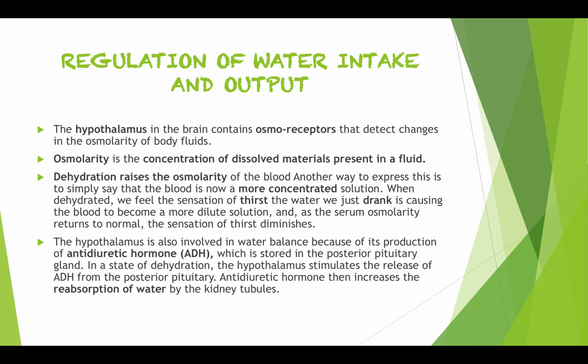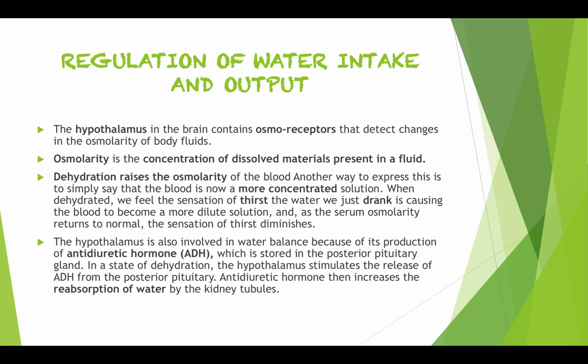If the same cup has 2 cubes of sugar, this means that this cup has a higher osmolarity. Dehydration raises osmolarity because it raises the concentration of dissolved materials present in the fluid.